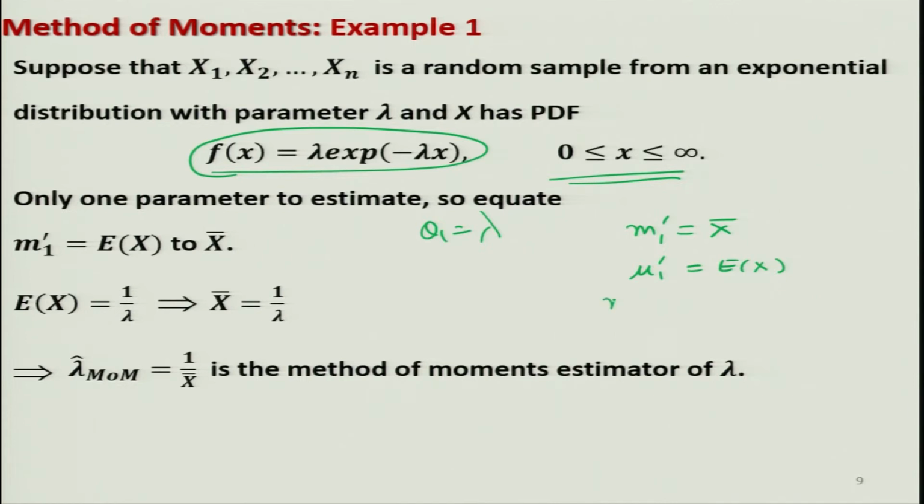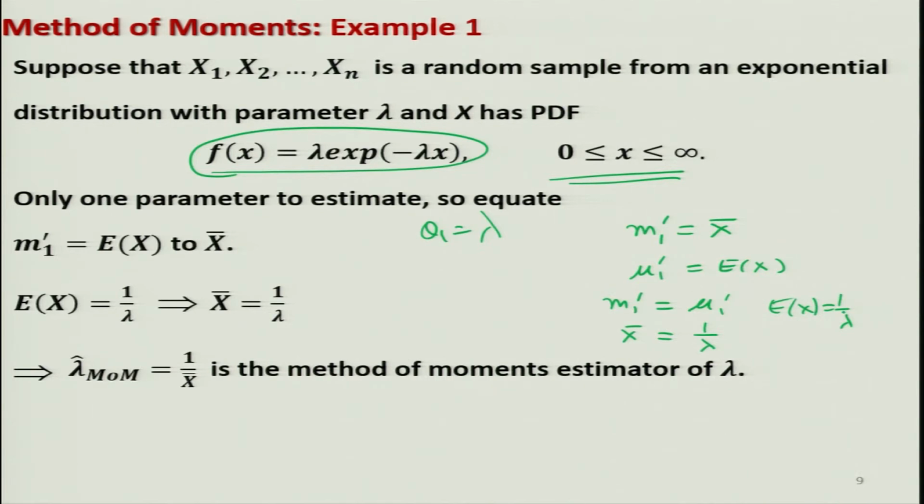Now I simply have to substitute mu 1 prime equal to m1 prime, and once you do it, you can see that the sample mean capital X bar becomes equal to 1 upon lambda, because we know that in the case of the exponential distribution, the expected value of x is given by 1 upon lambda.